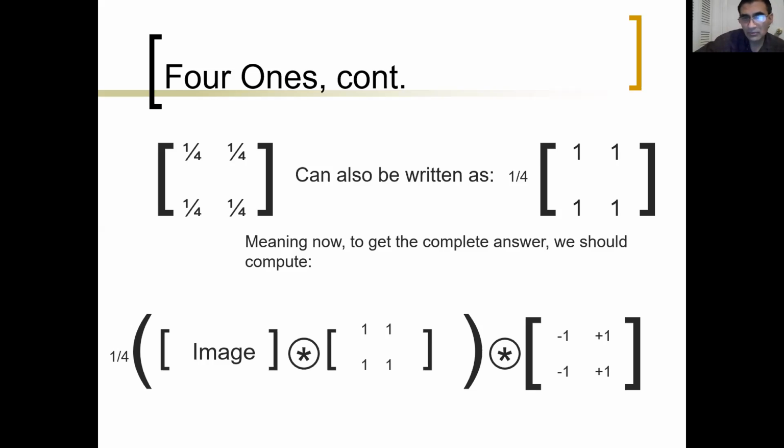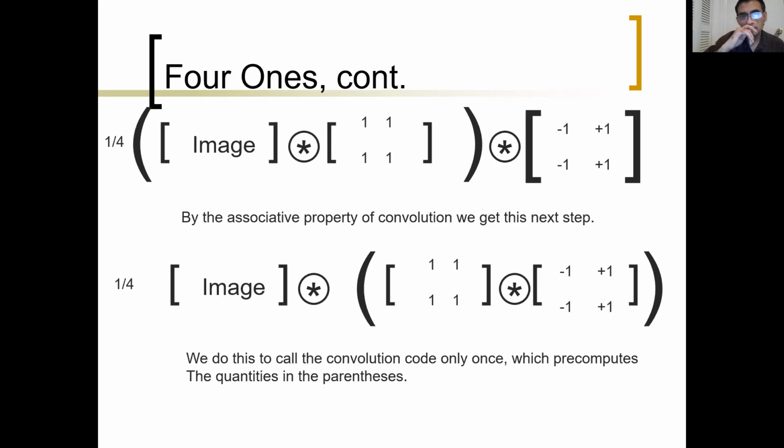And so now our calculation looks like I've got the quarter at the front, the image convolved with the 4 ones, and then convolved with the +1 -1s. Another step I can do now is, because convolution is associative, meaning convolution is like multiplication. In normal numbers, I just multiply them out, and I have a chain of multiplications going on maybe.